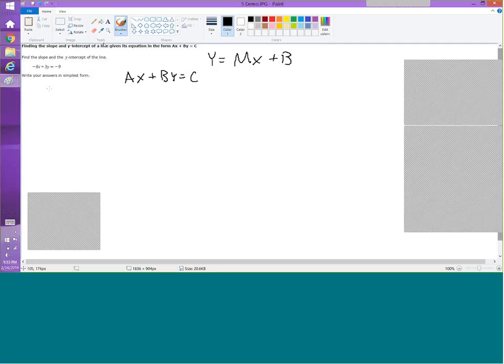First one, we're going to solve this generically, where again, we're going to get this y by itself, so I'm going to subtract ax from both sides. I'm going to get left with by equals -ax plus c, and I'm going to divide everything by b.